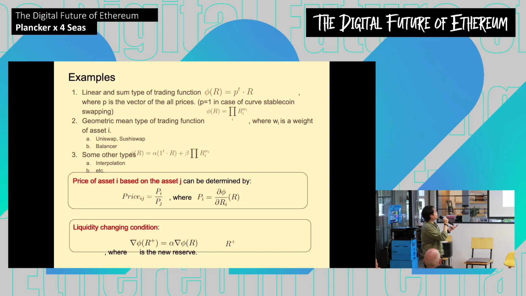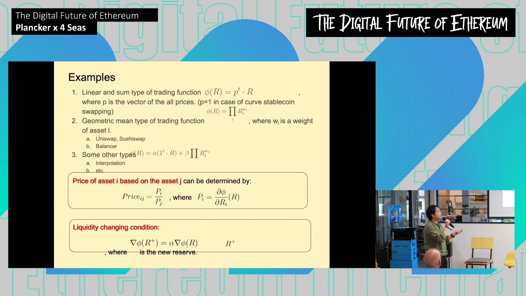And for the multi-asset case, we can use the partial derivative of the trading function to get some kind of unscaled price, and then come to the actual price, where the price of asset I based on asset J is equal to capital P_i over capital P_j.